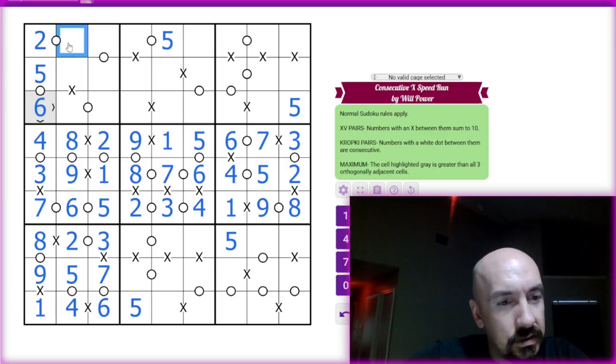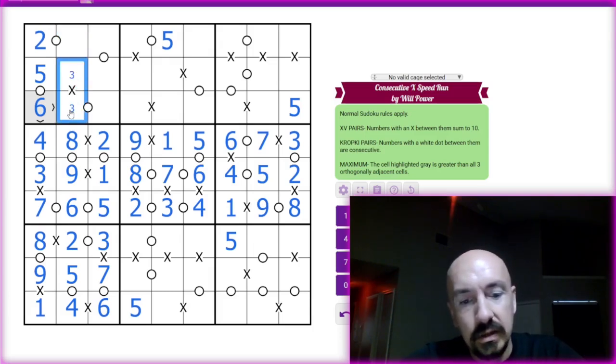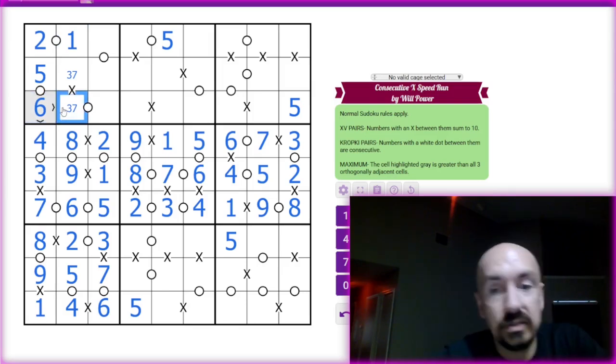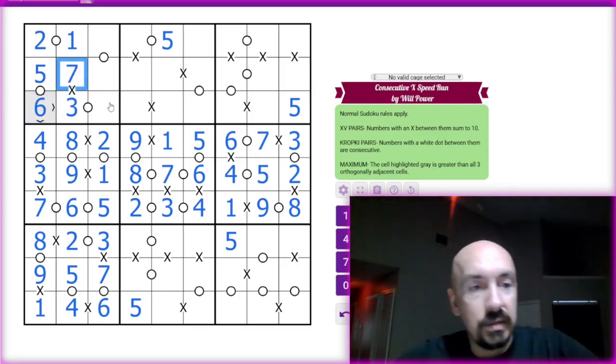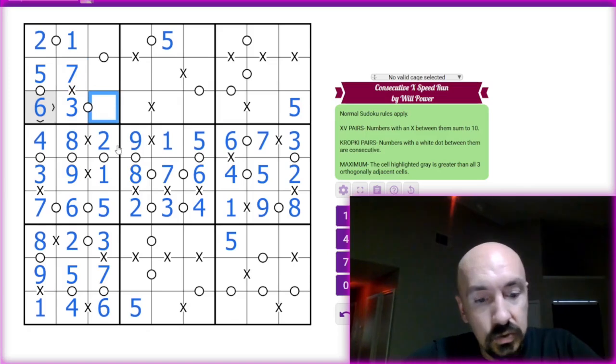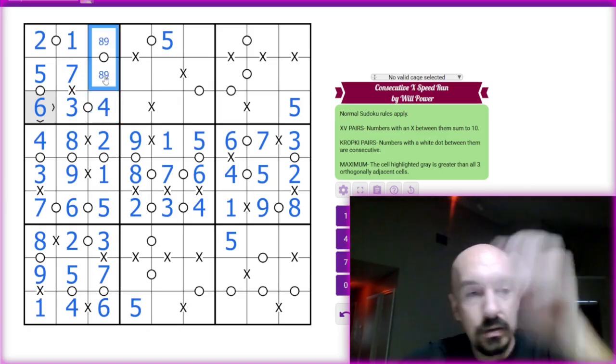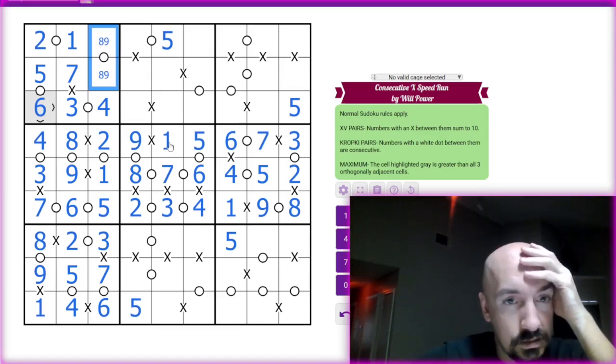Okay, so then this has to be a 3, 7, and then so that's going to be a 1. But this has to be lower than a 6, so this one is the 3. That's going to be the 7. This cannot be a 2, so that's going to be the 4. And then this is an 8, 9 pair. Okay, this is good stuff.